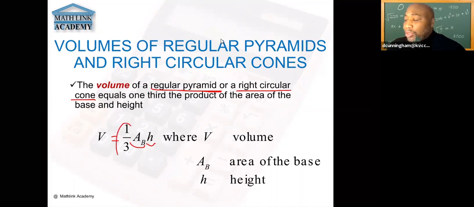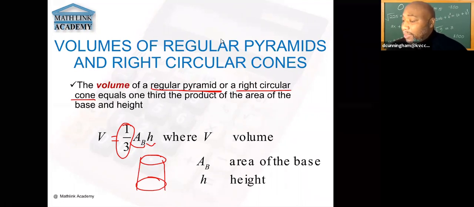Now, why we use 1/3 is because we understand that we're losing some volume, and it's not just a right cylinder. If we had a right cylinder, we wouldn't have the 1/3. But since we're looking at cones and pyramids, we're losing that.